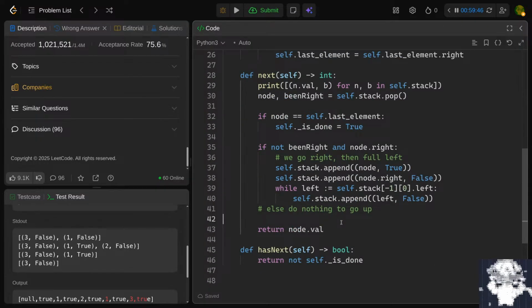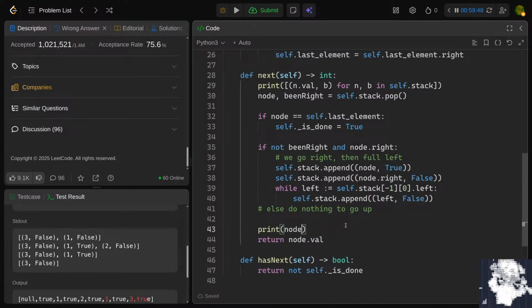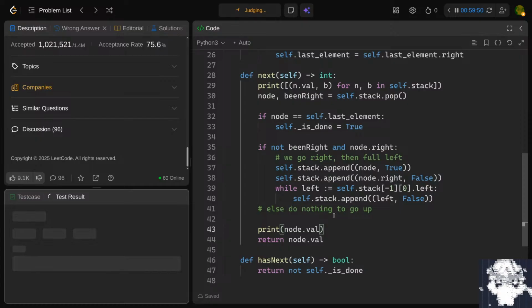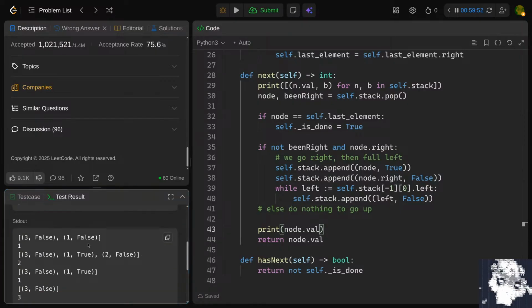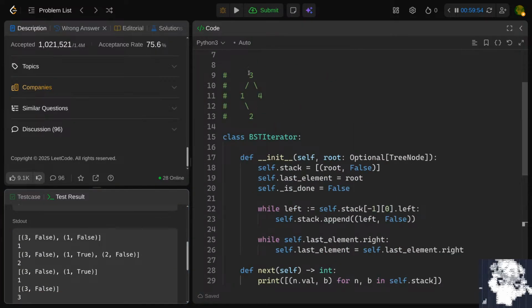Let's also print node.val. So we start here, we output 1. Then we go right and then all the way left, which leaves us right here, and we output 2. Then we go up.